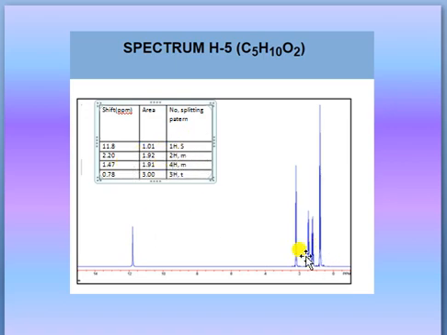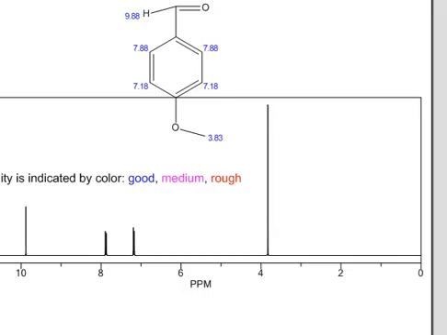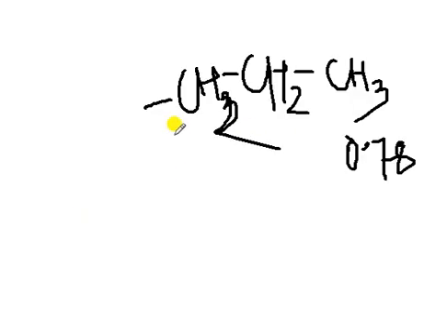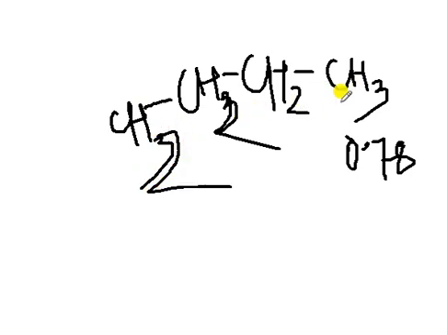So in this spectra you can see this is two to four protons, and this is another two. So another CH2 group is there. Now you can see three, six and nine, nine protons.